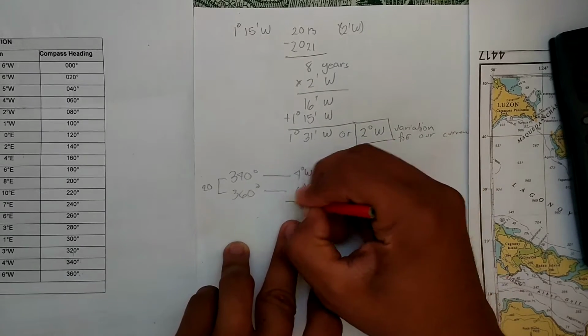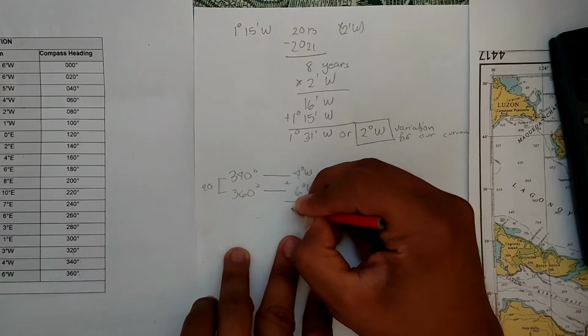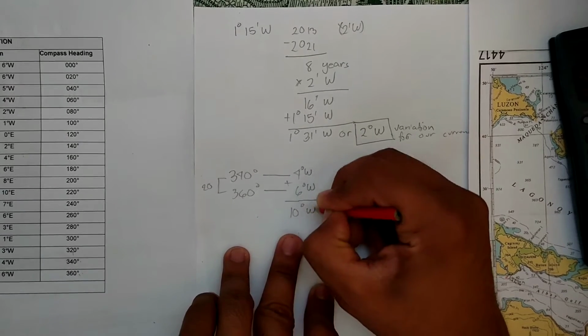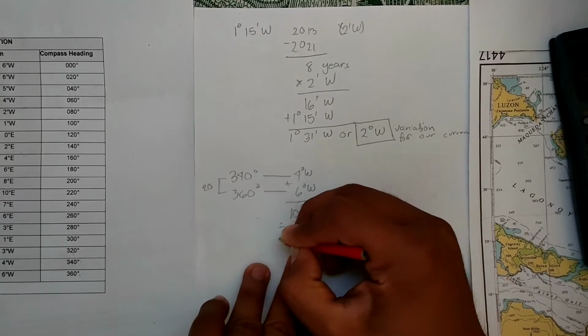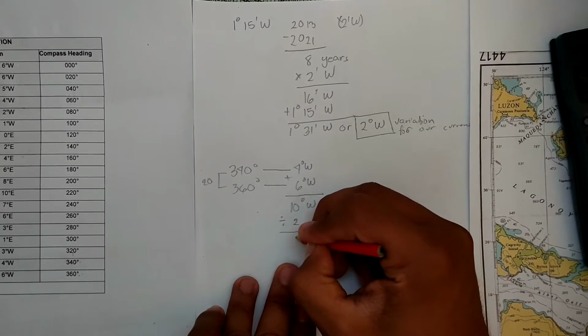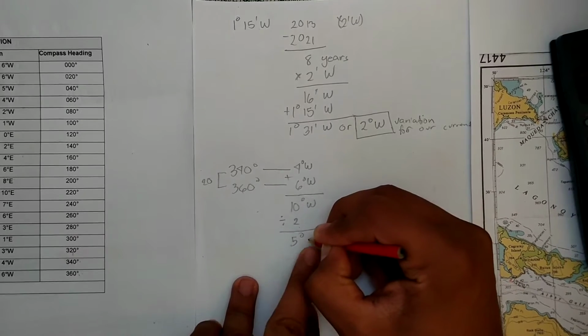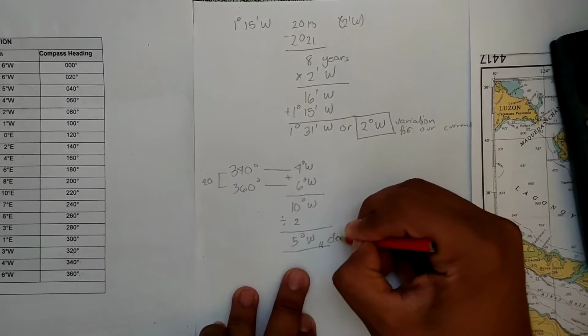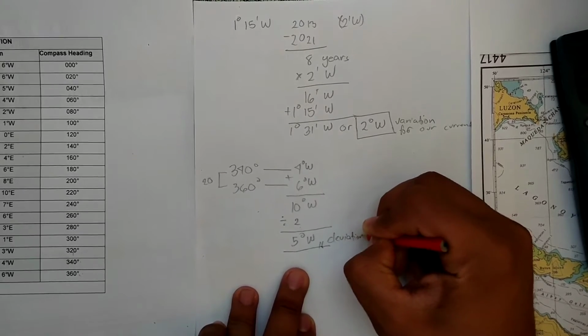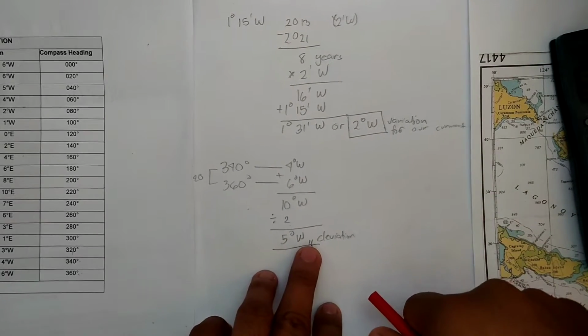So we will add these two deviation and we will get 10 degrees west, and the 10 degrees west will be divided by 2. So we will have 5 degrees west, and this is our deviation for 345 degrees per ship compass.